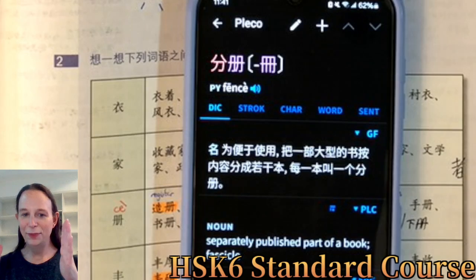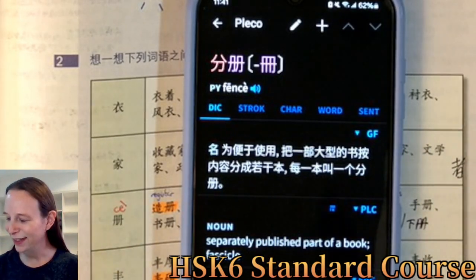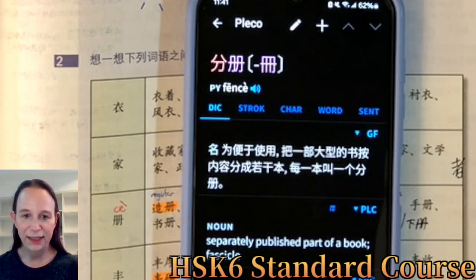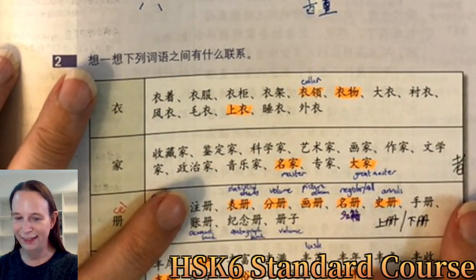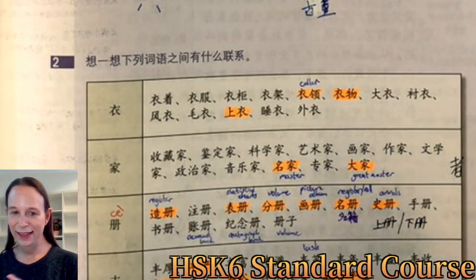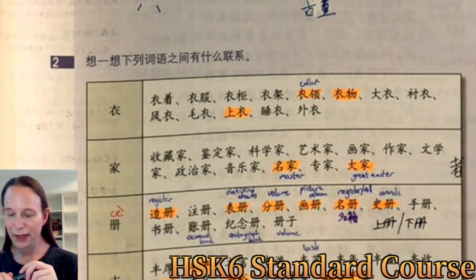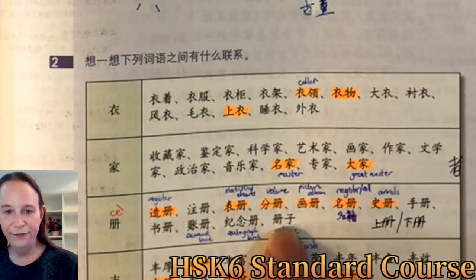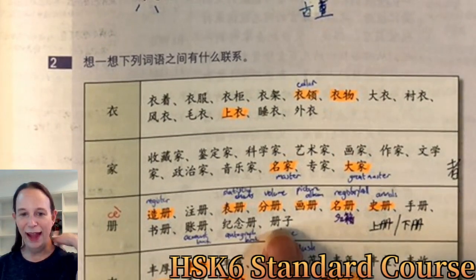So you take a large book and split it into different 册. 每一本叫一个分册. So this textbook we're reading right now is a 分册 because there's 2 分册. 这个课本有2个分册，对吗? And I think 册子 is the same, maybe more casual.